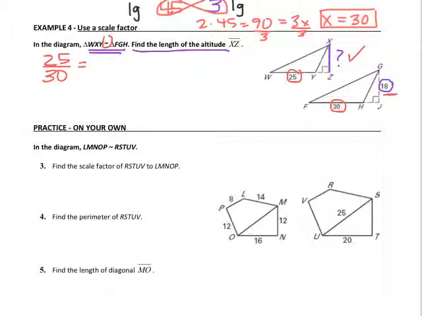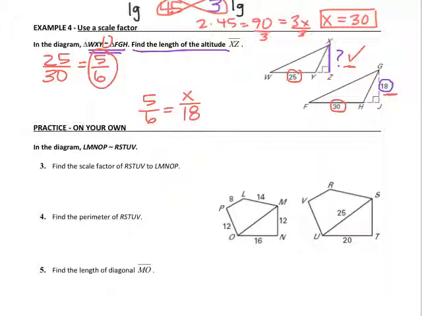So what is the scale factor? Well, 5 goes into both of these numbers, so the scale factor is 5/6, and now I can use my scale factor 5/6 to create a new proportion. I don't know what the altitude is on the smaller triangle, but I do know what the altitude is on the larger triangle.